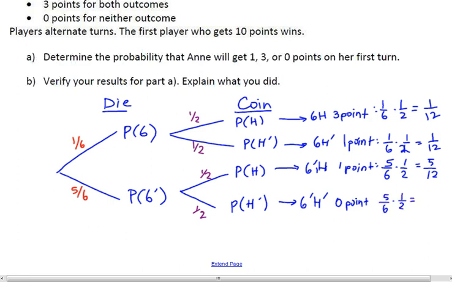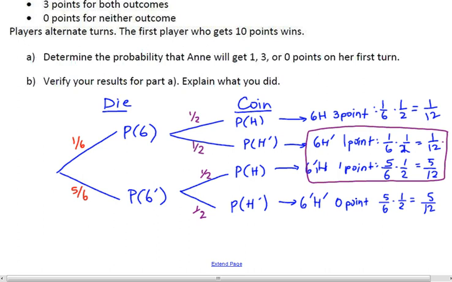Here, I'll show you. It's 5/6 times 1/2, which is 5/12 again. So here are my situations where we're getting 1 point. So 1/12 chance or 5/12. Together, that's a 50% chance of getting 1 point. Only 5/12 chance of getting no point. So better chance of getting a point than no point.